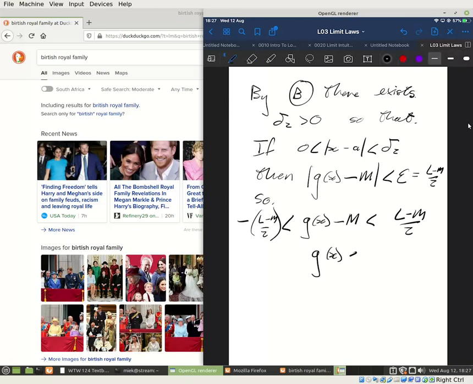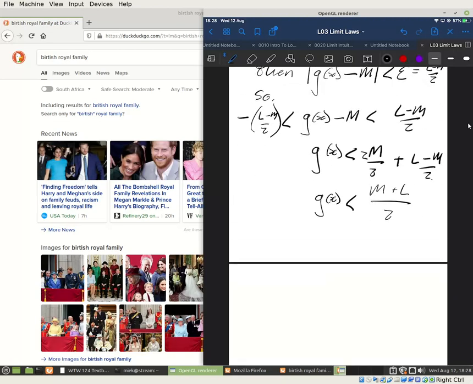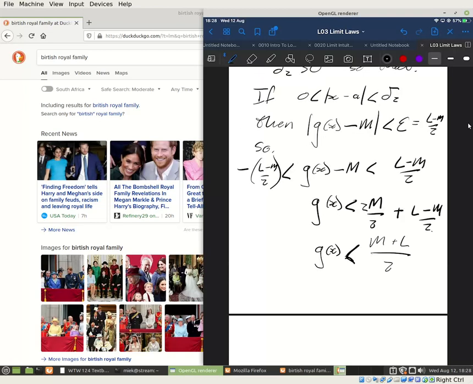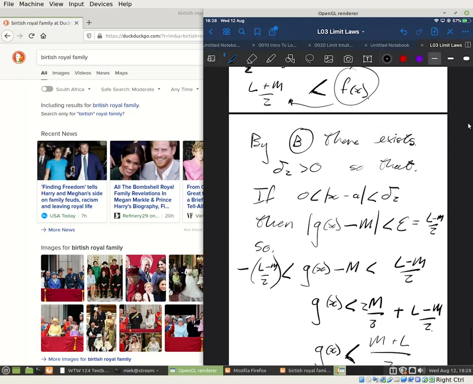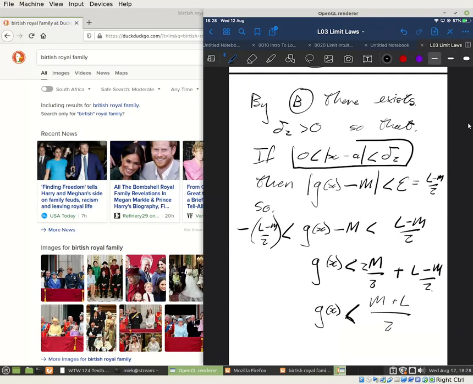So g of x is always less than, that becomes m, let's write it as 2m over 2, plus L minus m over 2, and that then becomes 2m minus m, which is m, plus L. So g of x is strictly less than the average of m and L. So under this condition, if this holds, then that holds.